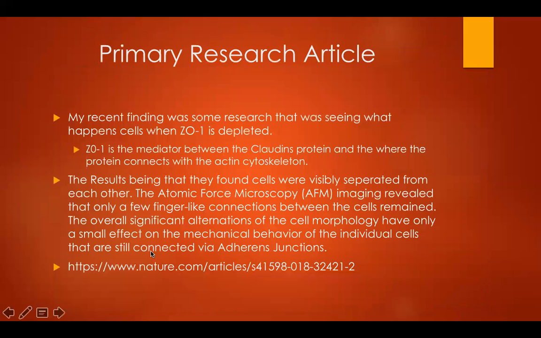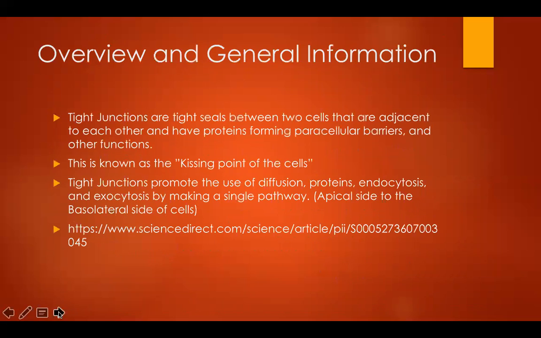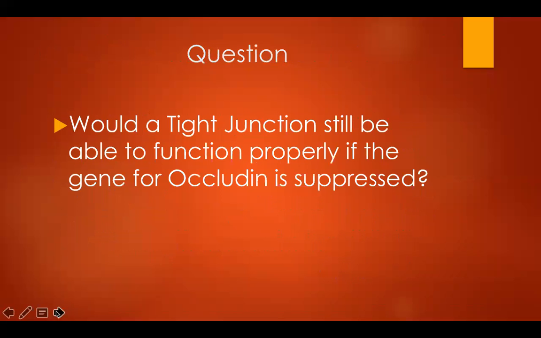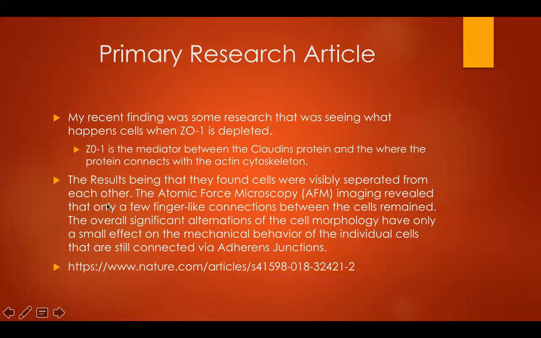One of my primary research articles I found was about what happens when you deplete ZO1 from the occludin or from the claudins protein, which, if we go back, is what holds together these claudins, where the claudins attach to the actin cytoskeleton. ZO1 is the mediator between the claudins protein and where the protein connects with the actin cytoskeleton.